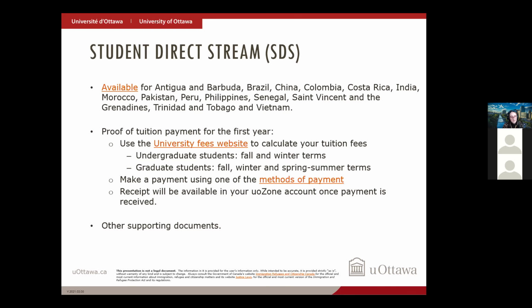So in general, if you're applying through the SDS, you're supposed to be able to get a decision within 20 calendar days. I have to be honest and tell you that with the pandemic, we have seen several students with applications in the SDS that have not received this processing time.